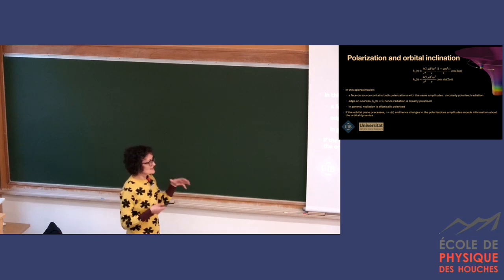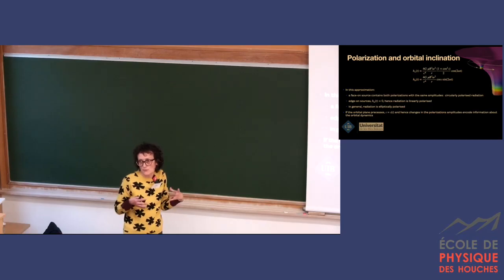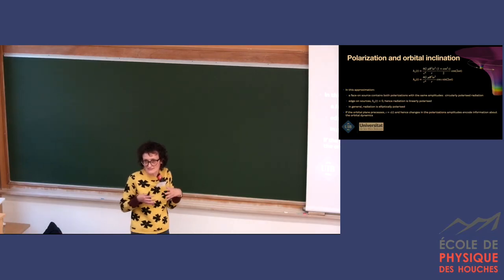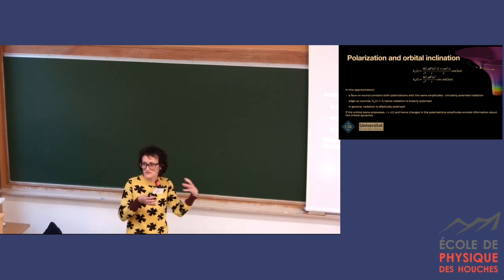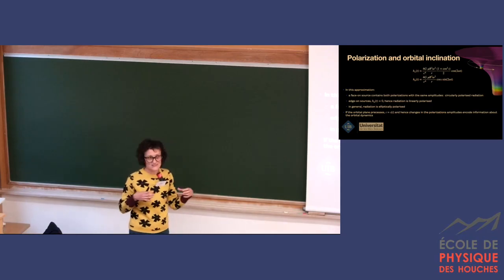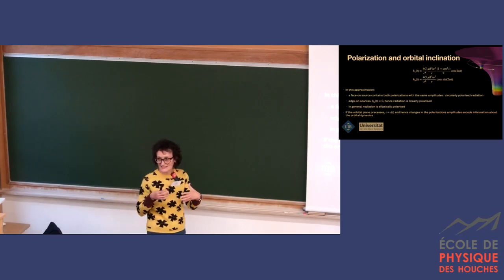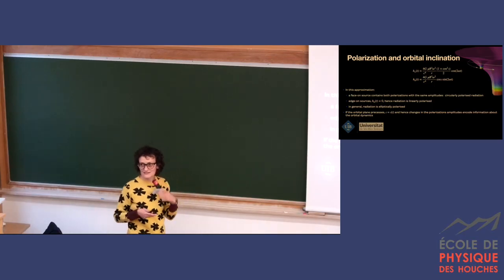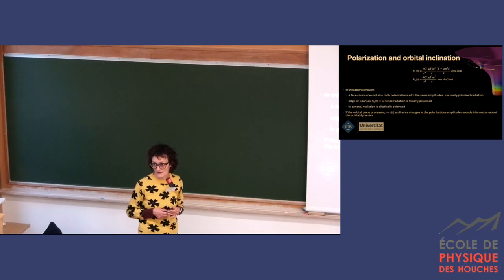So in general, the waveform is elliptically polarized in a way that is not easy to decompose in plus and cross, because you have a lot of terms contributing in the spin-weighted spherical harmonic expansion.